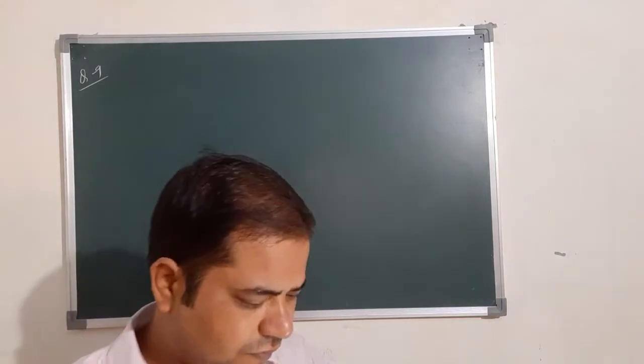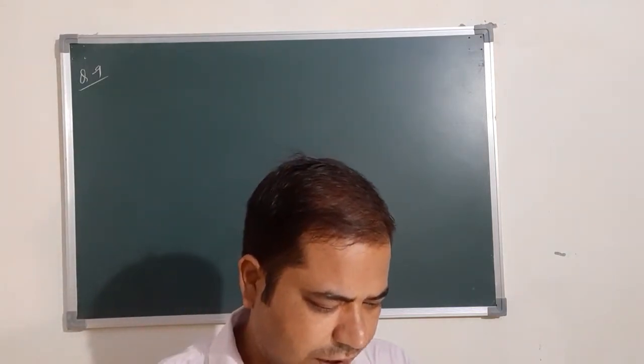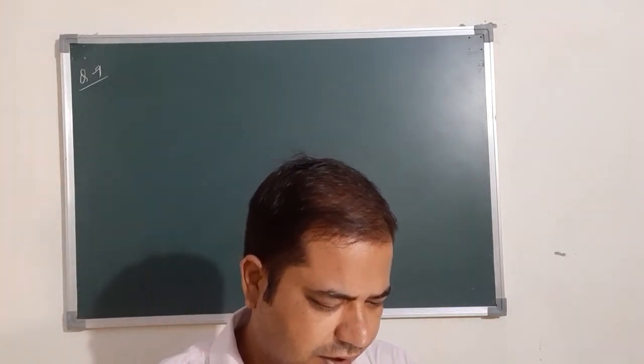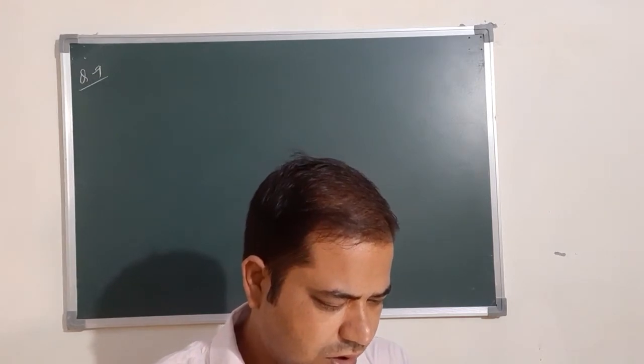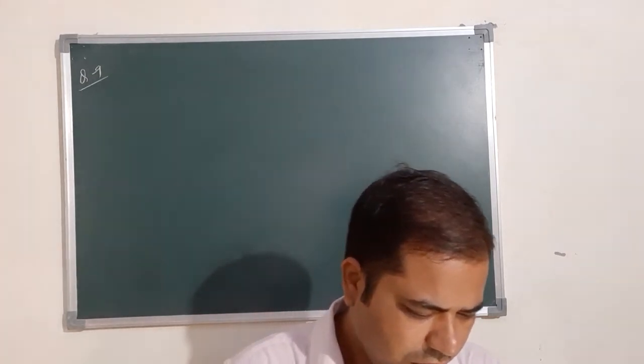Question number 9 of 7.2: find the coordinates of the points which divide the line segment A (-2, 2) and B (2, 8) into four equal parts. This is also a good question.